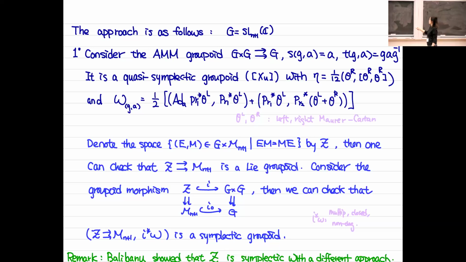Balibanu showed also that the universal centralizer is symplectic with a different approach. I think she was interested in different things, but in the middle, she has to show that the universal centralizer space, which is not the M but the Steinberg cross-section, is symplectic.